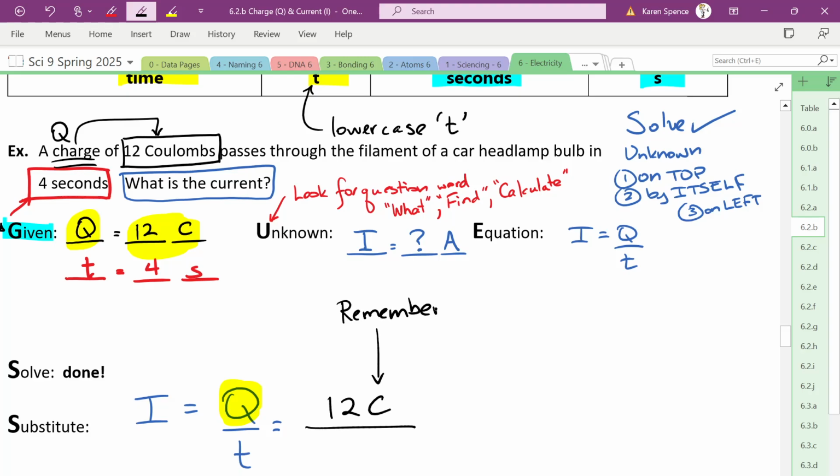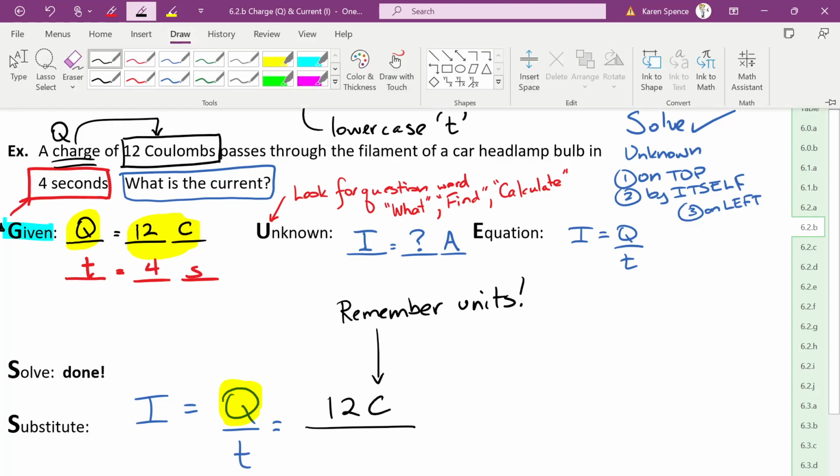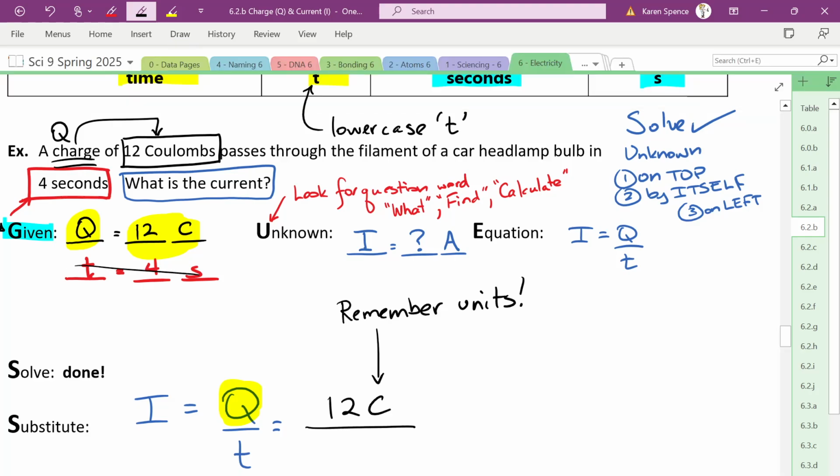Remember units. We're going to substitute T equals 4 seconds.